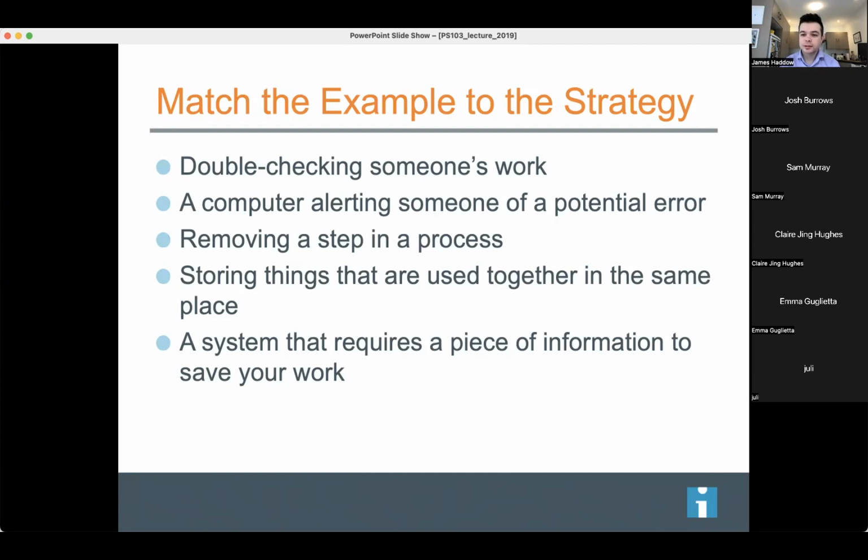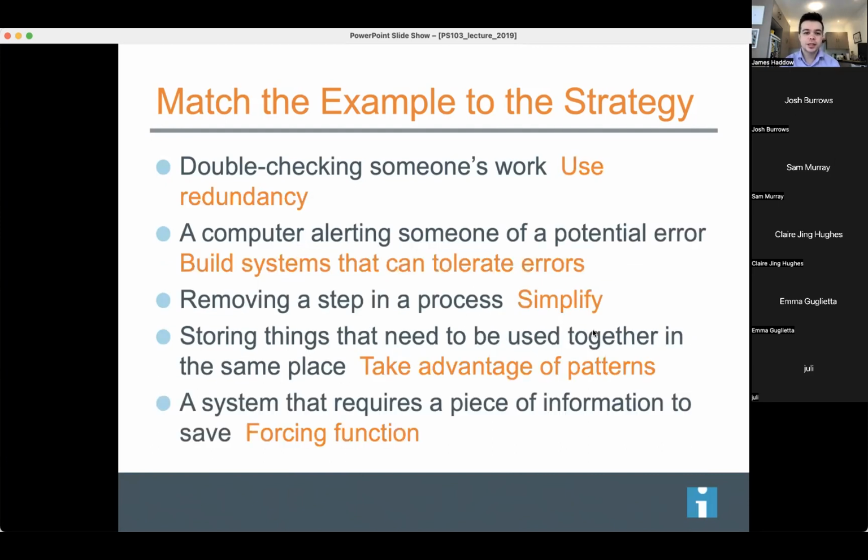Sam says, first one is redundancy, second one redundancy, third one simplifying, then standardizing, then forcing. And Julie is fairly similar, except 4 is pattern recognition and redundancy, the last one. So let's see what they think. So yeah, first one is redundancy.